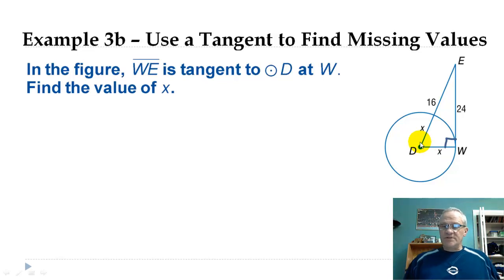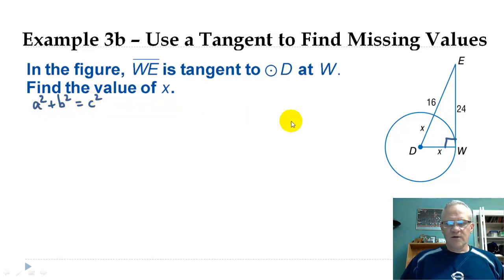All right, well, this one's a little bit different, though, a little bit trickier. That's why I saved this one. But if you notice, we've got a right triangle, just like we did before. And so we can do the Pythagorean theorem just like before. A squared plus b squared equals c squared. Okay, well, which one is C? Here's the right angle, look straight across from that. So this side is C, but you notice, you got x in here. That's the radius. From here to here is x, but then from here to here is 16.